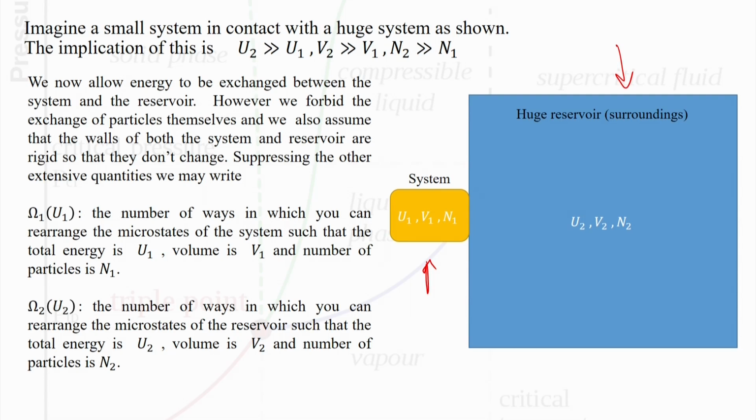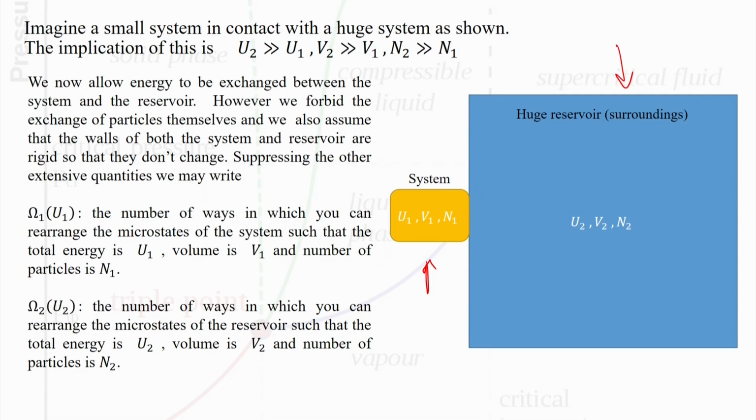So, imagine that omega 1 is the number of ways in which you can rearrange the microstates of the system such that its total internal energy is U1, and of course, the other quantities are fixed. Notice that the walls of my system are rigid, so the volume of the system is always fixed at V1, and I do not allow particles to escape in or out of the system.